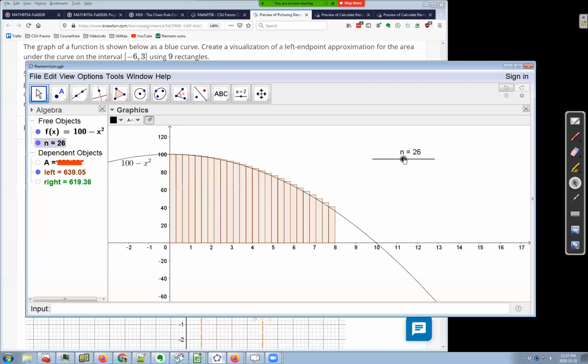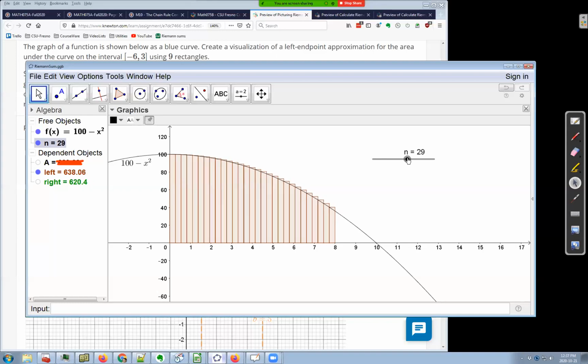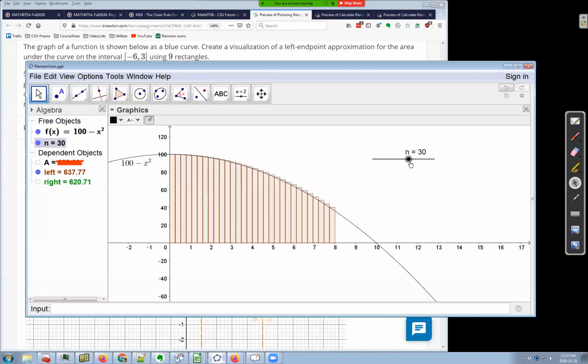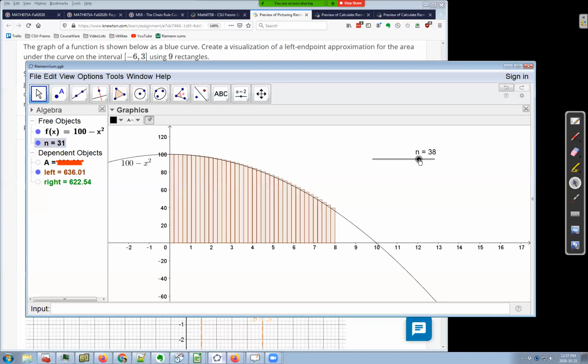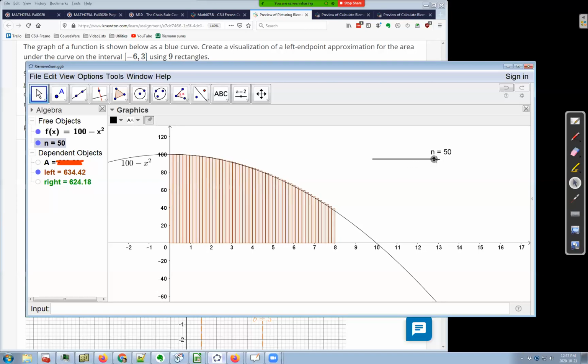So this was Riemann's brilliant idea: if I use more rectangles, then I get a better estimate. And how high can this go? 50? You can see from the picture that if I use 50 rectangles, the area under those rectangles is really close to the area under the curve.